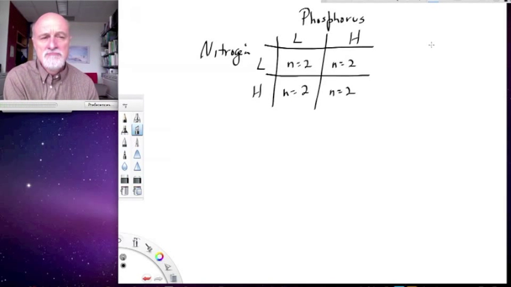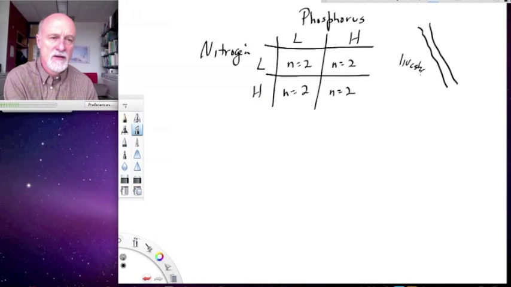So why are we designing this experiment? Let's imagine there's a river here, and there's a proposal to put a livestock feed yard here, and we know that there's nitrogen runoff when you put one next to a river.